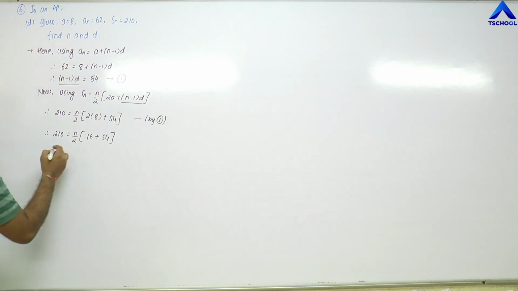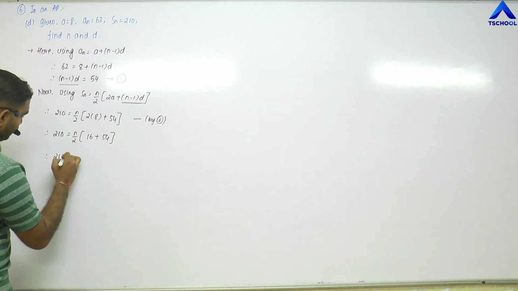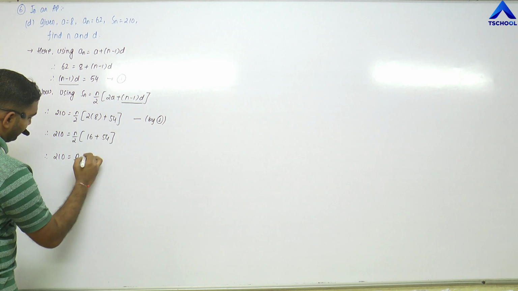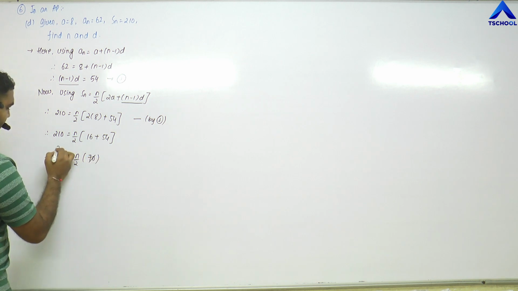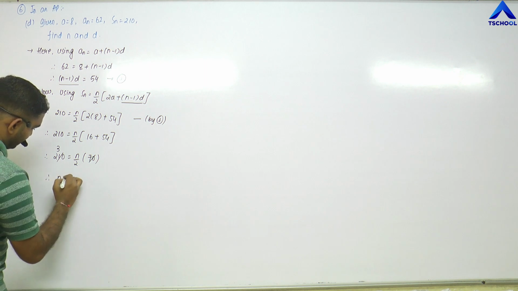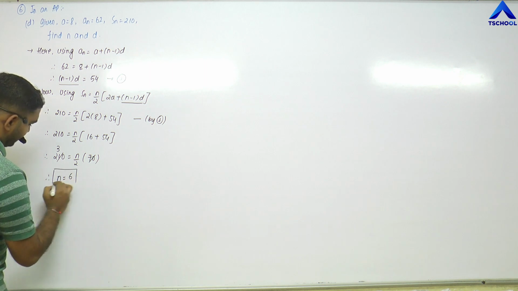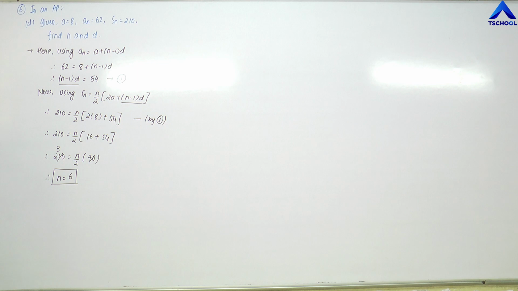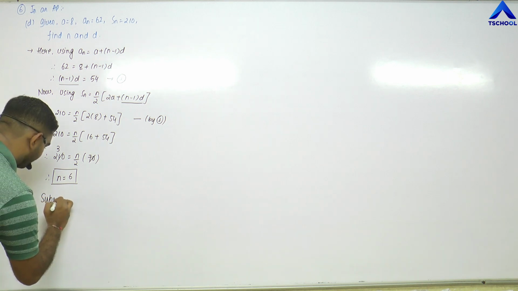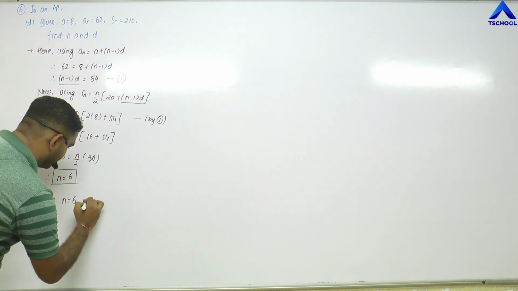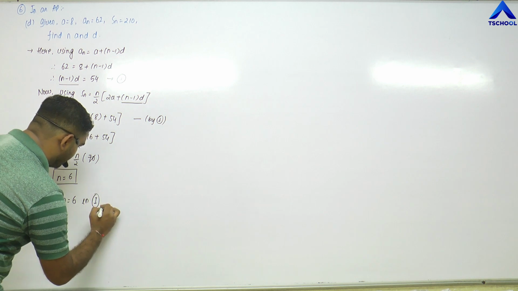Okay. Therefore, 210 equals to n by 2 into 70. You can cancel it out by 3, and hence n is equals to 6 directly. This 2 is multiplied here by 3, so that n equals to 6. Substitute n equals to 6 in equation number 1.